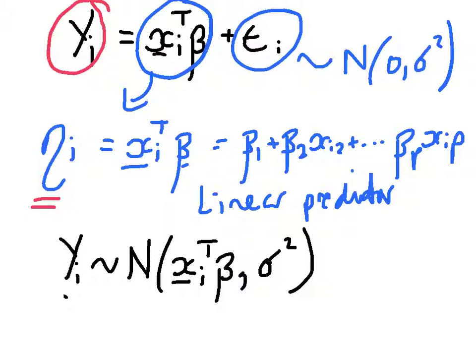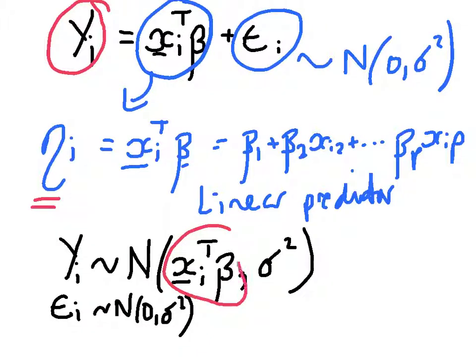So we can either state the original model where epsilon is zero mean, variance sigma squared, or we can write that y is a normal random variable, and do note it's conditionally normal. Each y sub i will have a separate mean given by this linear predictor.